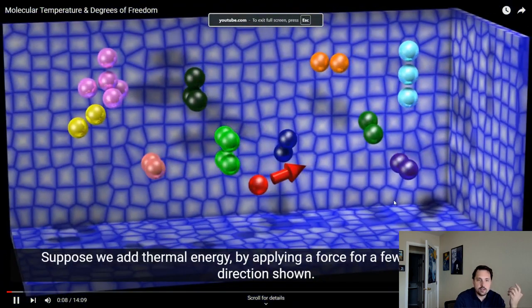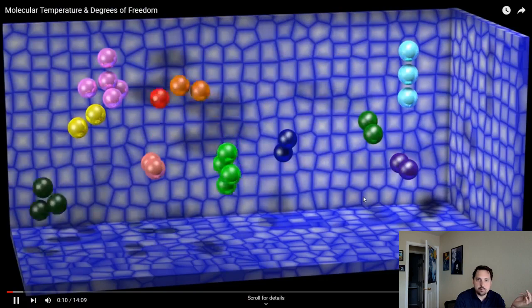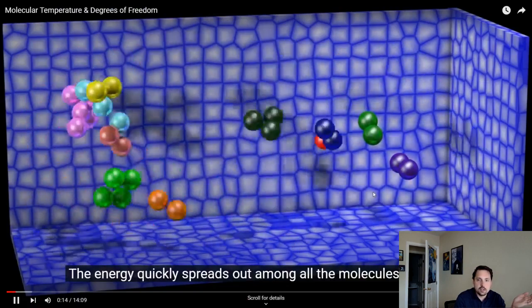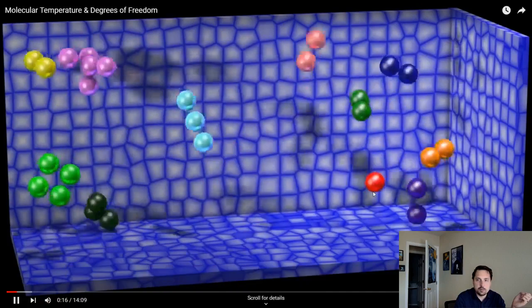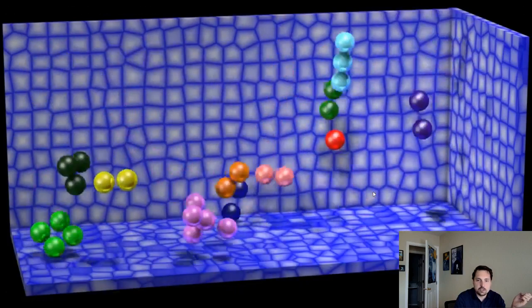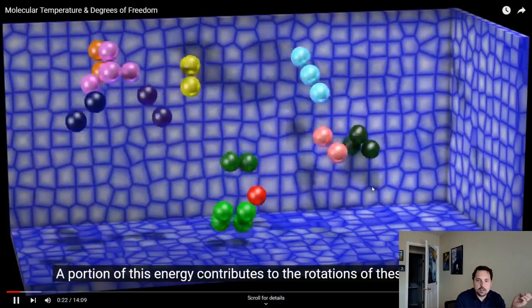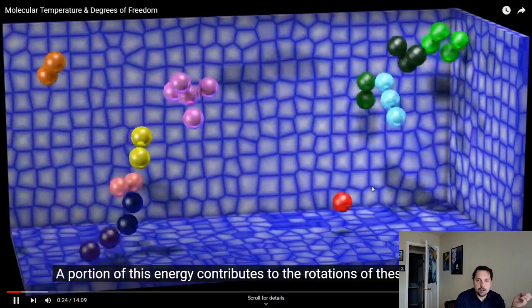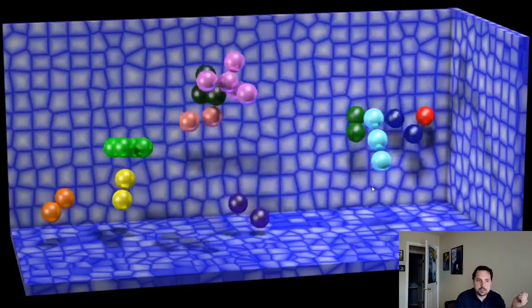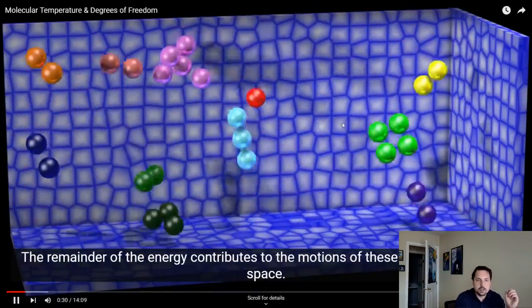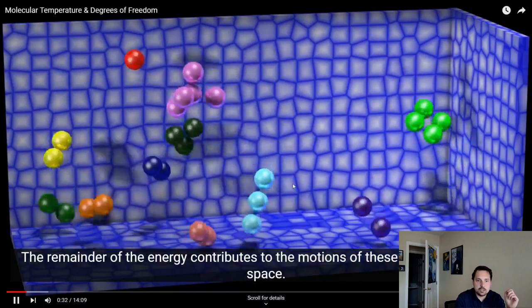So if we have thermal energy being applied to a system of a bunch of different gases, we can see that those gases are going to be moving around in 3 dimensions. That's called translational motion. They'll be rotating around. And then additionally, the atoms themselves will be vibrating to some extent. I don't think you can really see the vibrations occurring here.